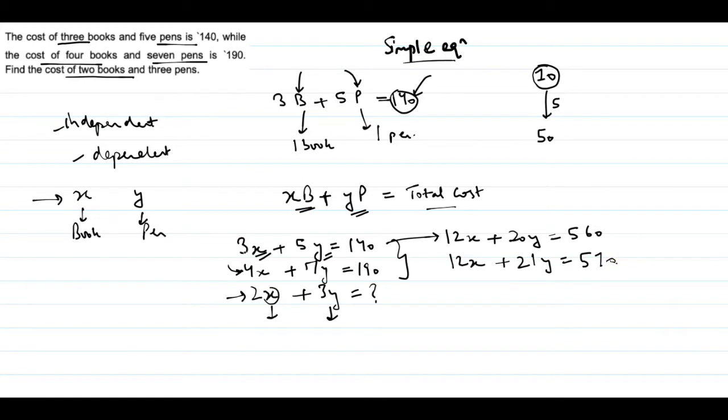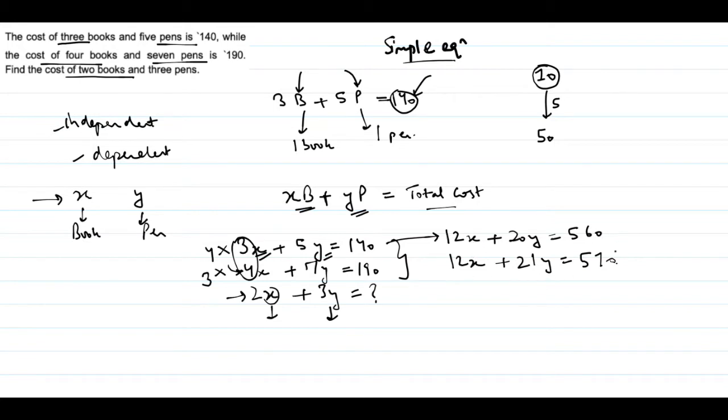To find by which factor we should multiply our equations, take the numbers which will result in the LCM of these two numbers. Here this is 3 and this is 4, so the LCM of 3 and 4 will be 12. So we multiply the first equation by 4 and the second equation by 3 so as to get rid of the variable x. Here we have our two equations now.